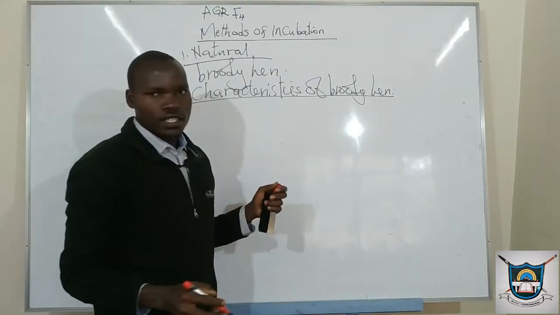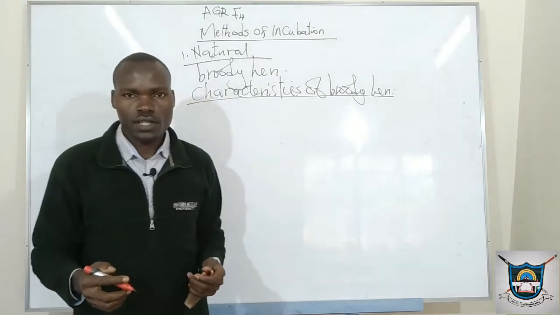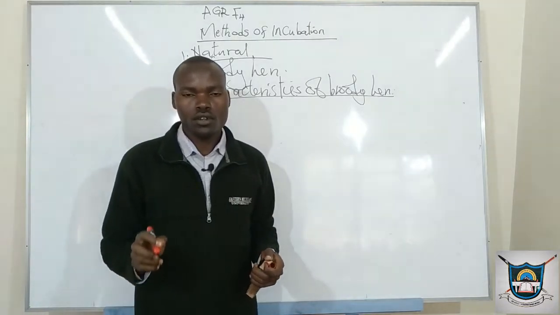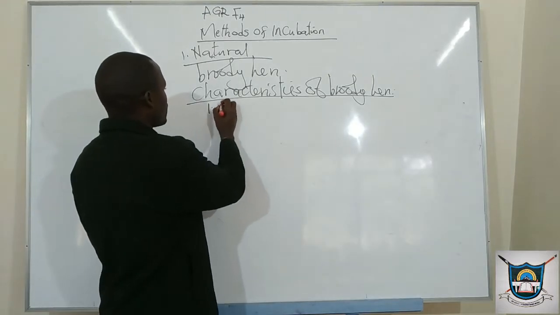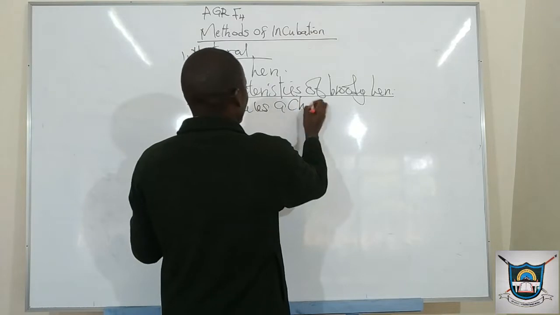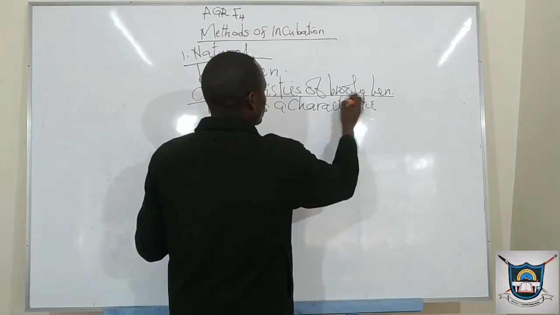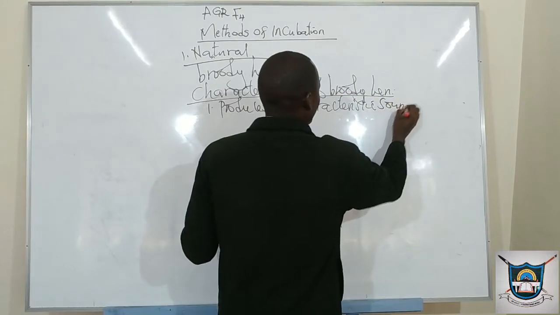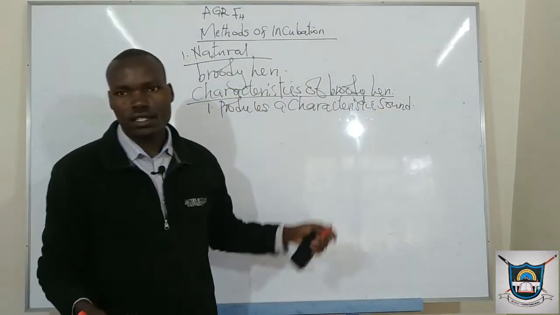The characteristics of a broody hen, and what you are going to see in this hen so that you can confirm that truly it is going to sit on the eggs. One, it produces a characteristic sound. This becomes the very first sign which a hen is going to show.